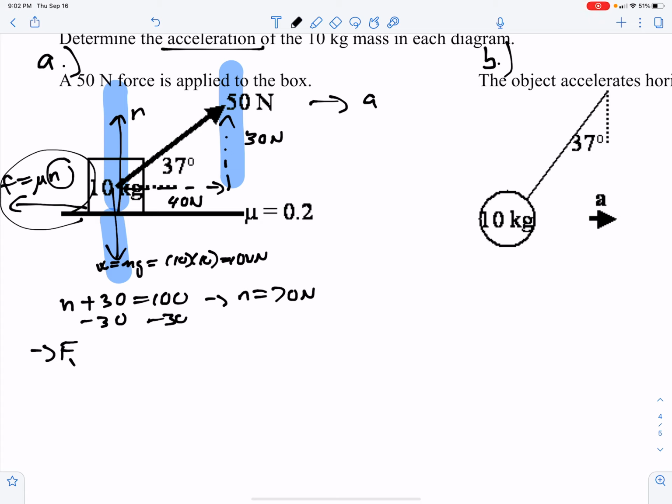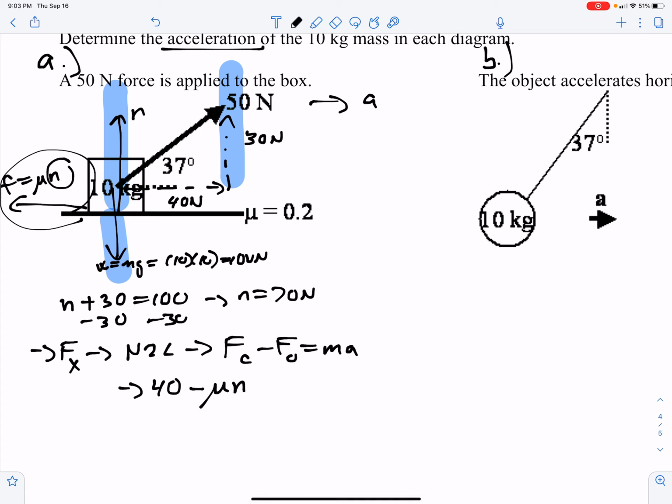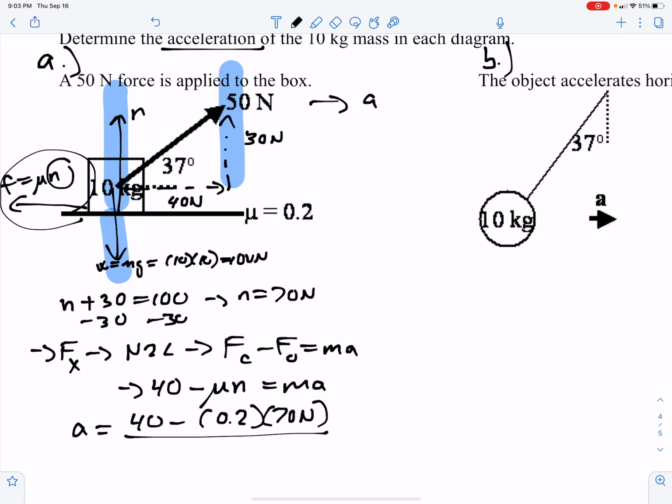So now in the x direction, we're going to use Newton's second law, which says causing force minus opposing force equals ma. Well, the causing force is going to be your 40 minus the opposing force, which is friction, mu times normal force, and that's going to equal ma. Divide the m, and we have 40 minus mu, which is 0.2, times normal force, which is 70 newtons, all over the mass, which was 10 kilograms.